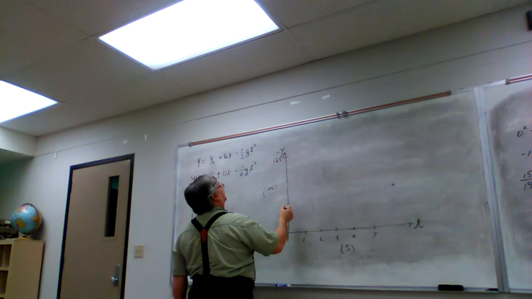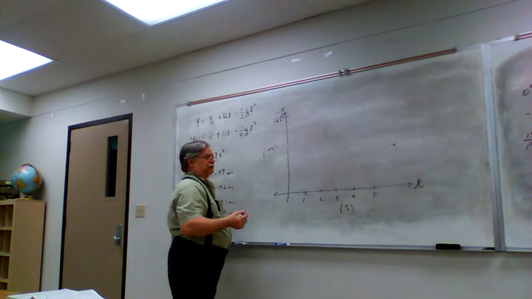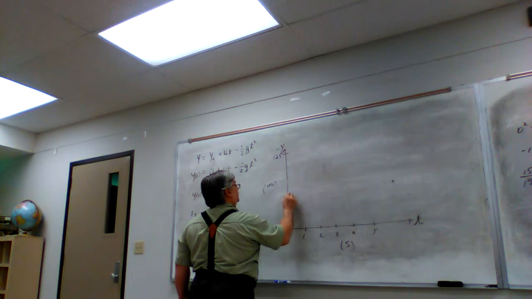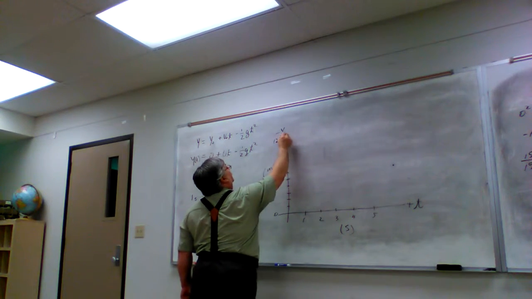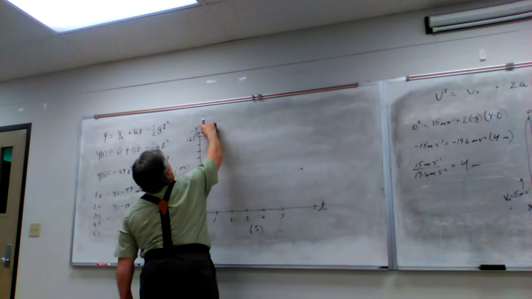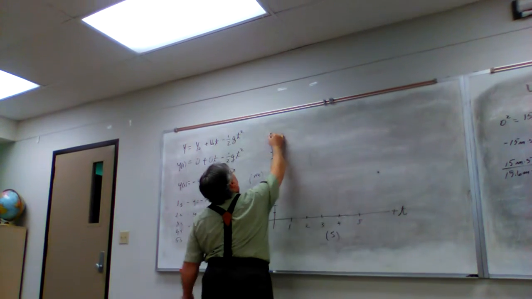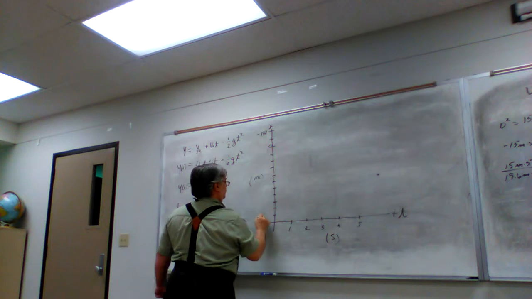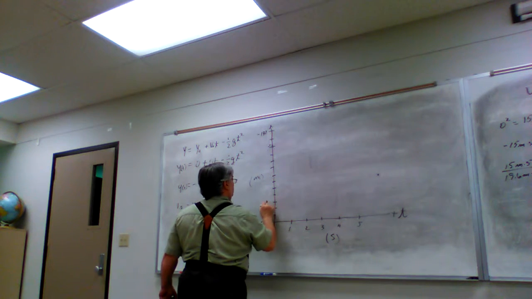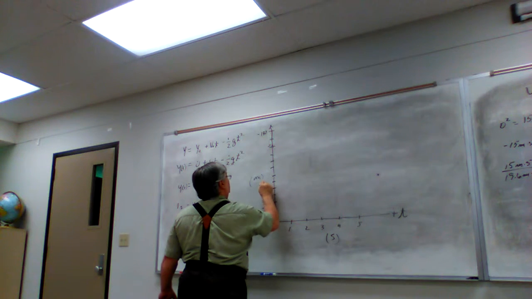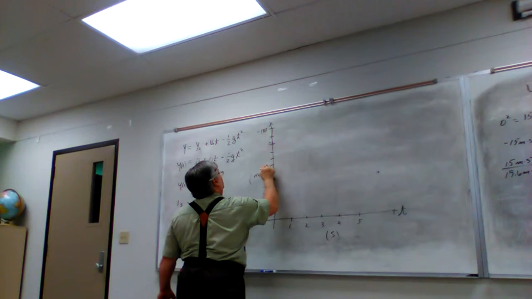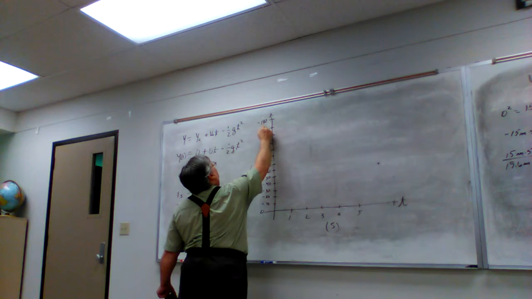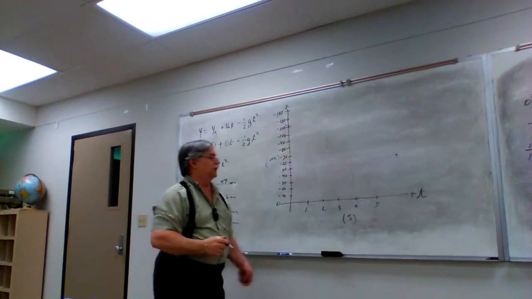How are we going to divide this up? 125 is 62 and a half, so we'll call it. There we go. Now we've got our scales.